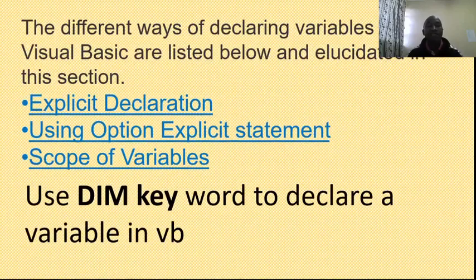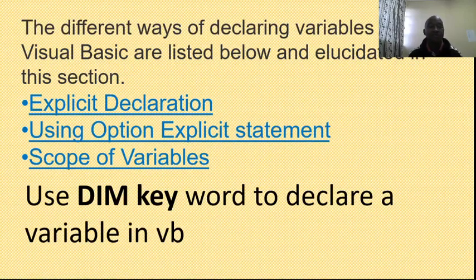There are different ways of declaring a variable in Visual Basic. Therefore, let's look at how you can declare a variable. The different methods of Visual Basic are listed here. We can declare a variable explicitly, that is explicit declaration, using the option explicit statement.